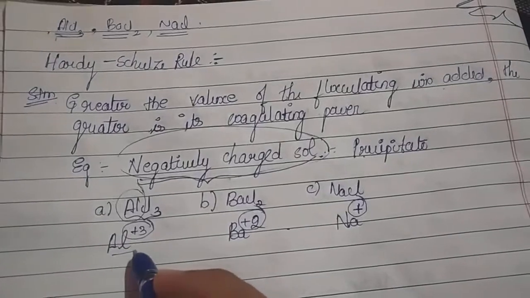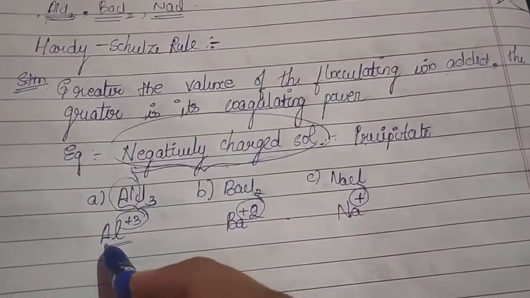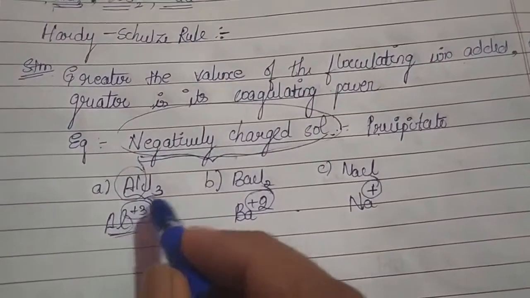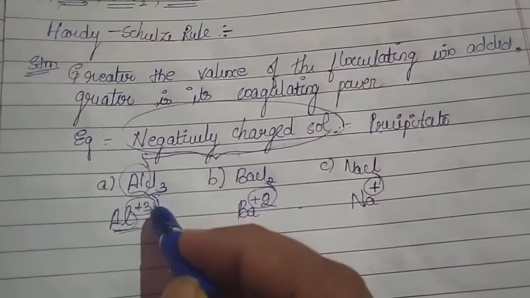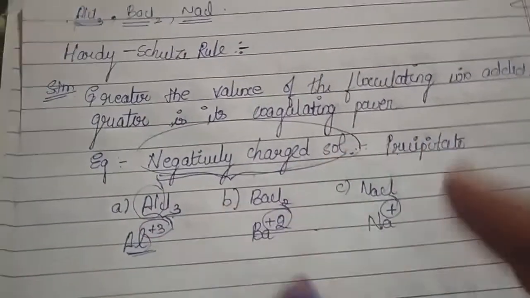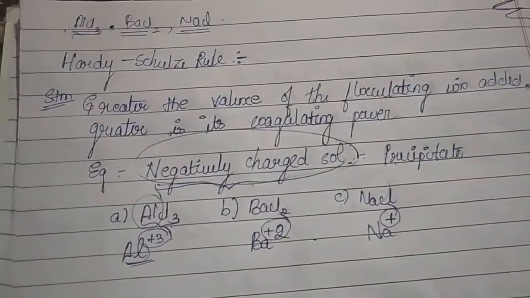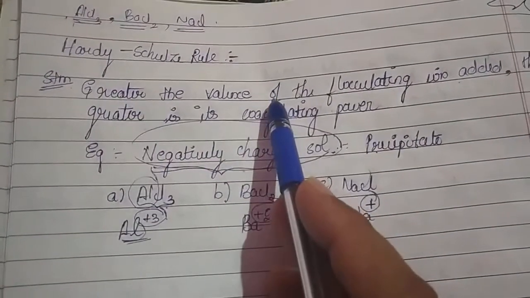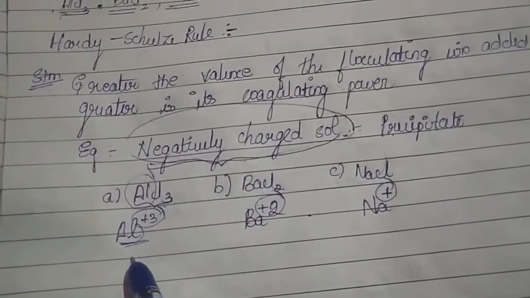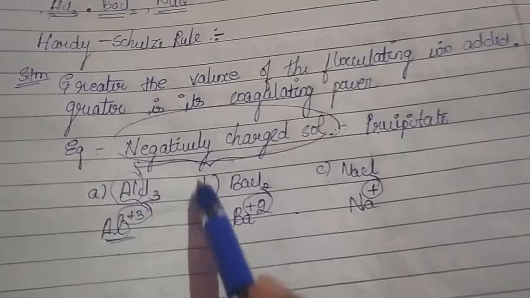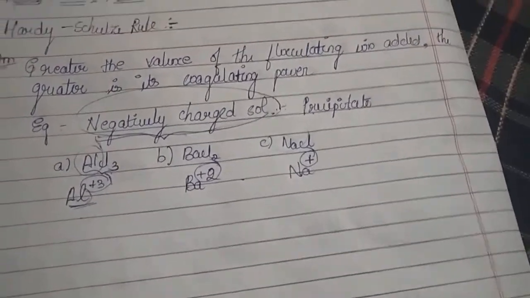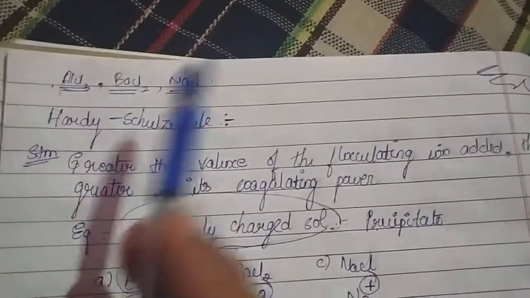So when we compare, the valence of the flocculating ion of aluminium is a charge of +3. Among the three electrolytes, which one will have the higher coagulating power? The one with the greater valence. In the given example, the greater valence is that of the aluminium ion. So therefore, AlCl3 will have the higher coagulating power. This is what is explained by the Hardy-Schulze rule.